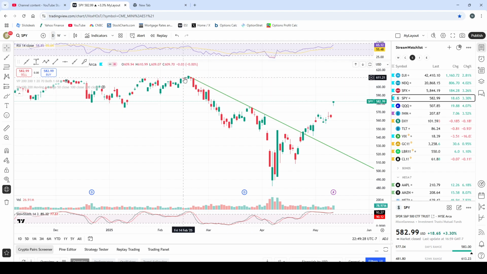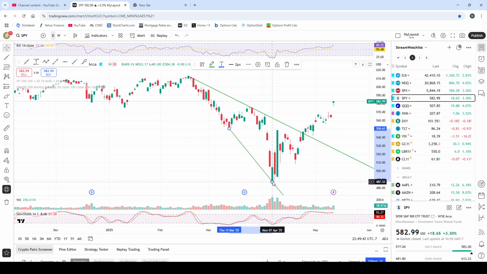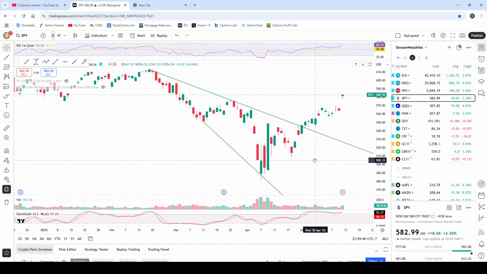So you can see, this is for the top. For the low, which is the bottom, I draw from here to here, right? But as you can see right now, it's about like this.